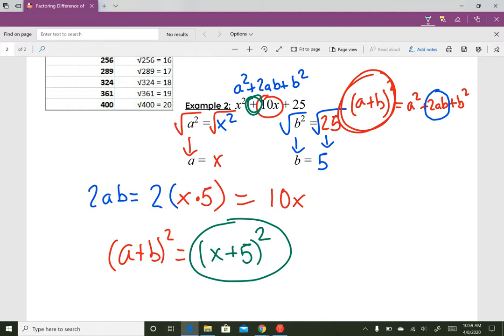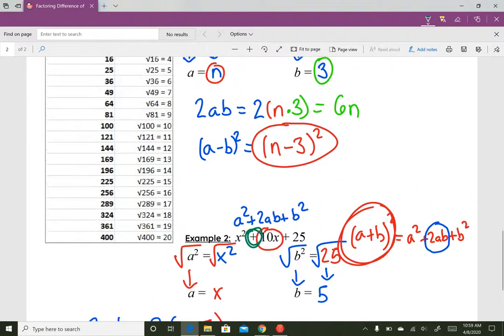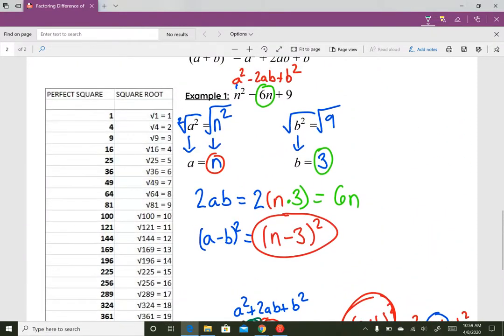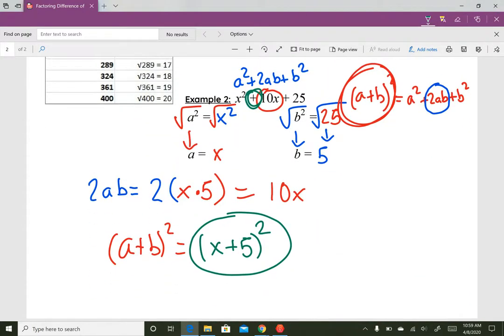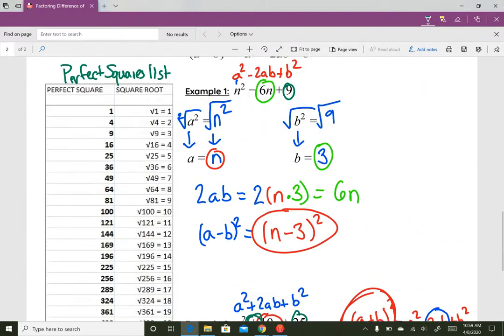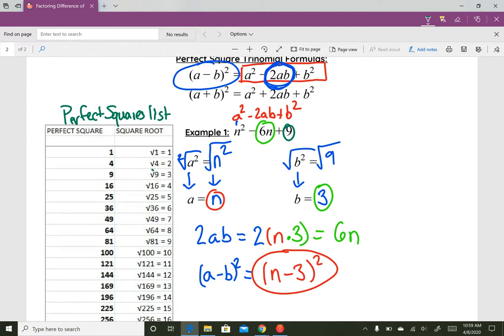Hopefully you're starting to notice the reason why I have this perfect squares list. If you notice, 9 and 25 are both on my perfect squares list. N squared, n times n: I'm multiplying the same thing by itself, and I get n squared.